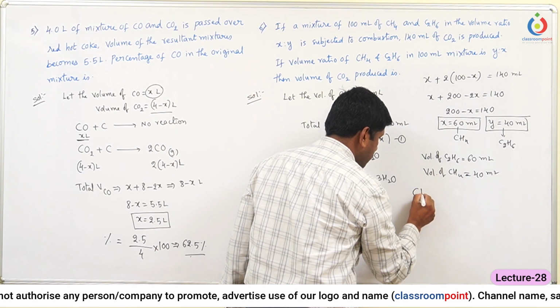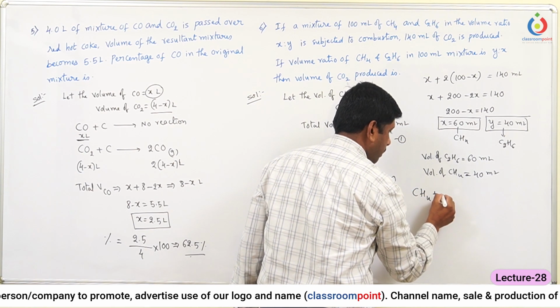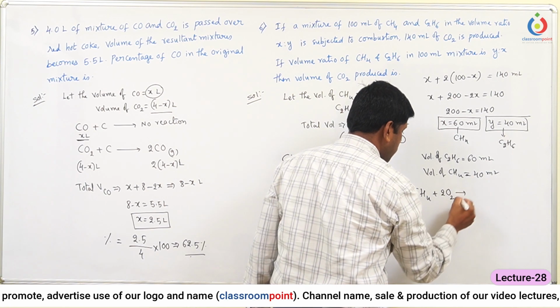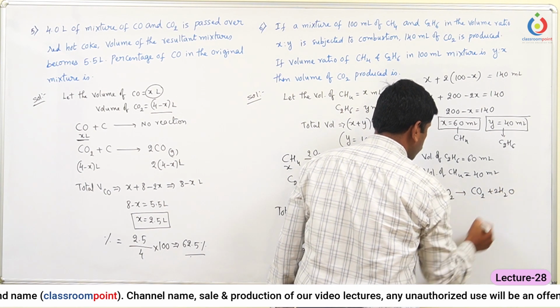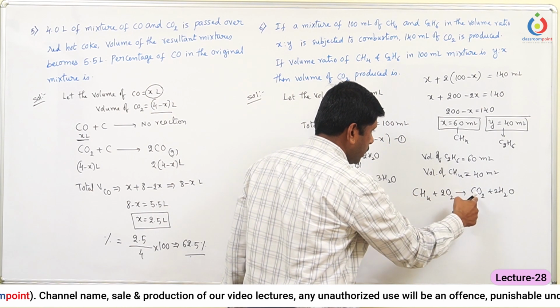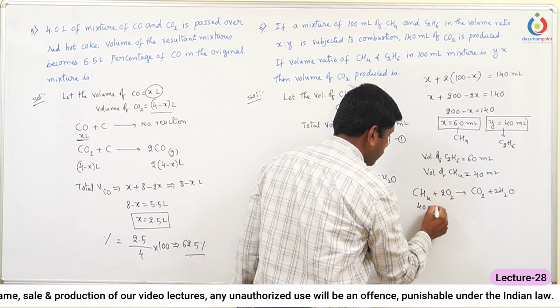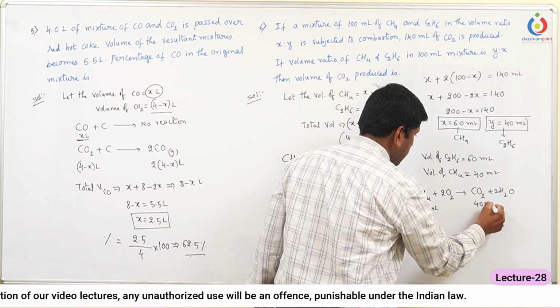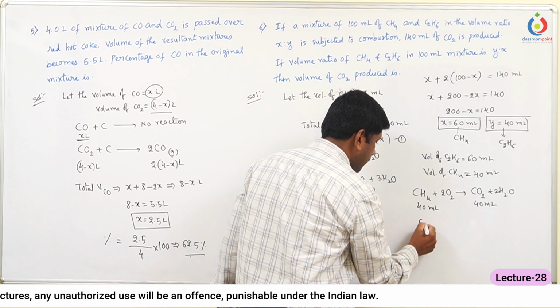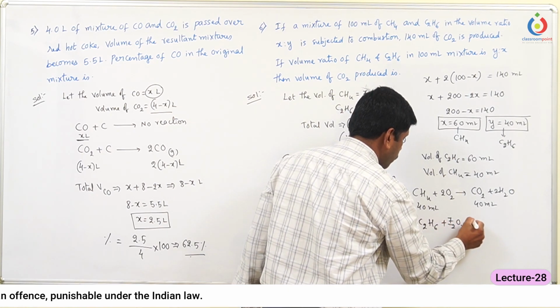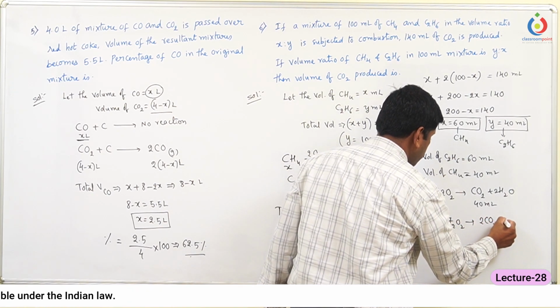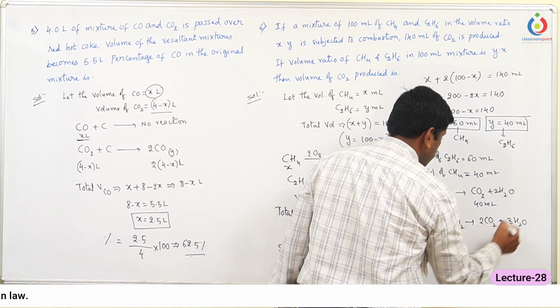Now let us write down the equations. Methane on reaction with oxygen gives carbon dioxide plus 2H2O. So 1 mole gives 1 mole; 40 ml of methane gives 40 ml of carbon dioxide. Similarly, ethane C2H6 with 7 by 2 O2 gives 2 moles of CO2 and 3 moles of water.